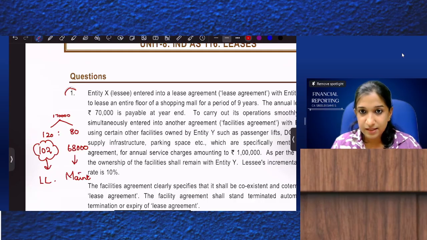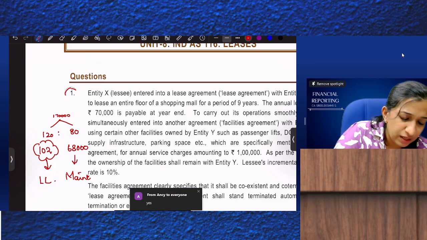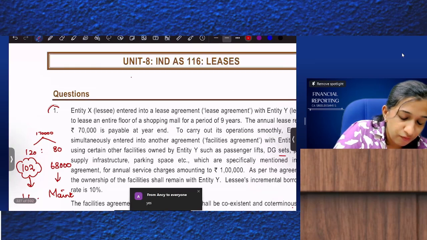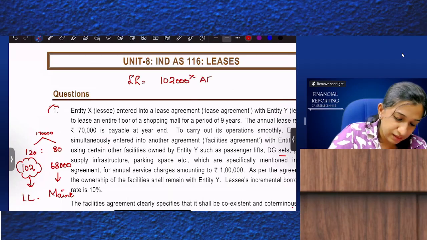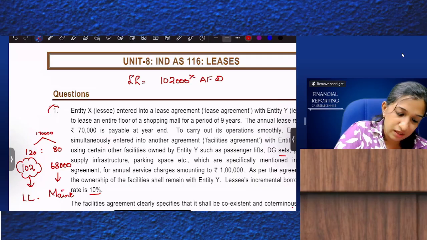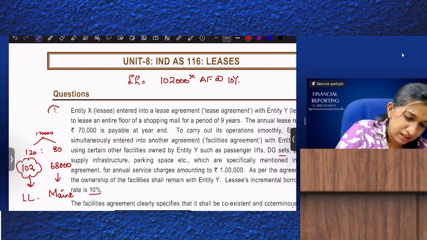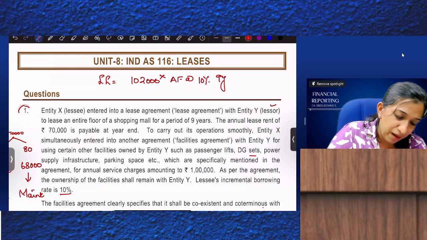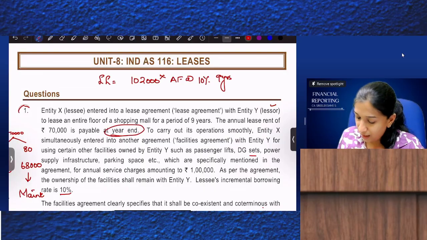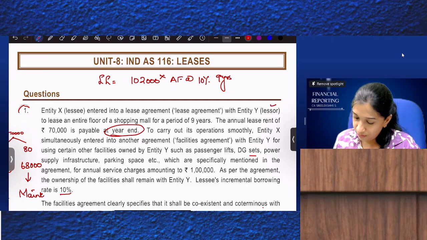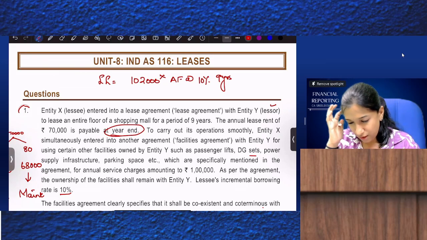Are you understanding this? So how much is your lease liability? 1,02,000 into the annuity factor. Only the IBR is given. For 9 years. Is there a clue that it is paid at the end? Yes, payable at the year end. So I'll calculate 1 divided by 1.10, for years 1, 2, 3, 4, 5, 6, 7, 8, 9.